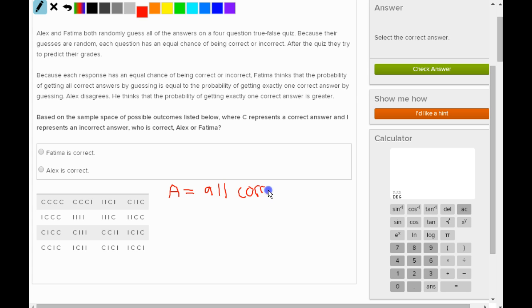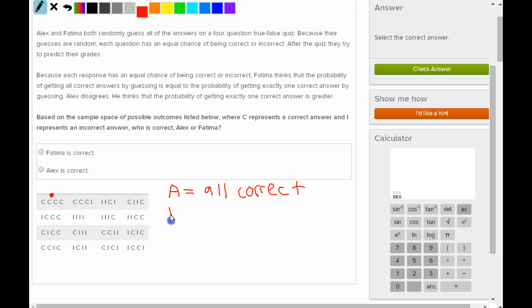Now, rather than draw a bunch of circles, I'm just going to put a red dot next to any of them that meet what she predicted. So, are any of these all correct? No, they all have at least 1 incorrect. See, I stands for incorrect, C is correct. This is the only one that fits in set A.